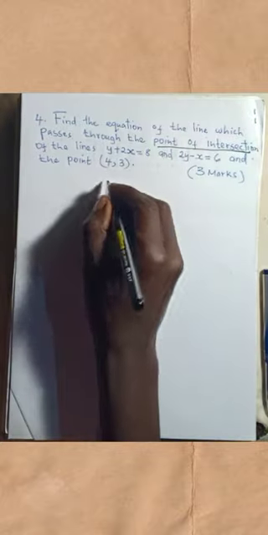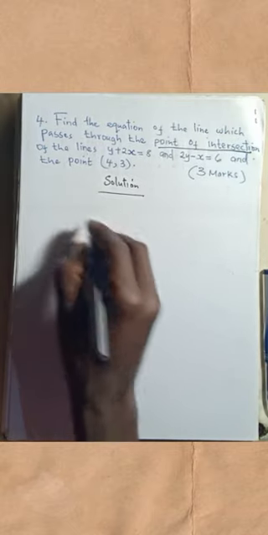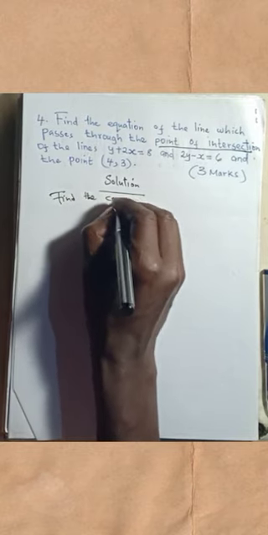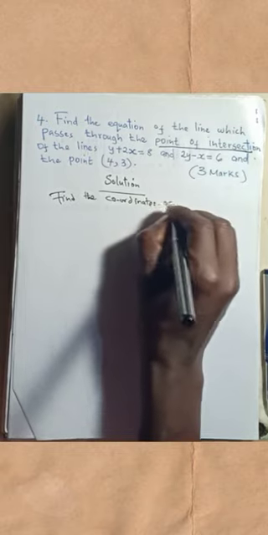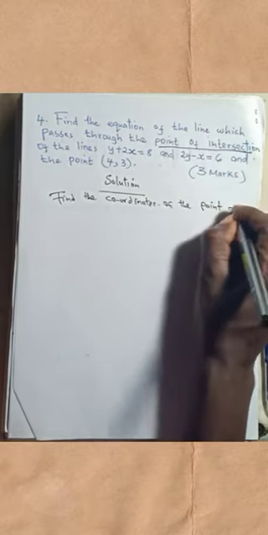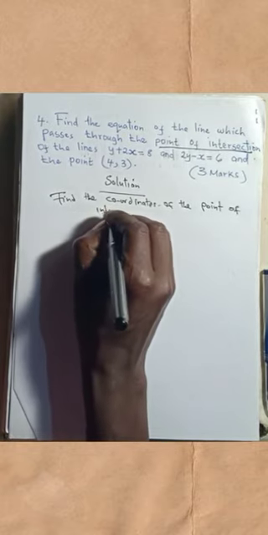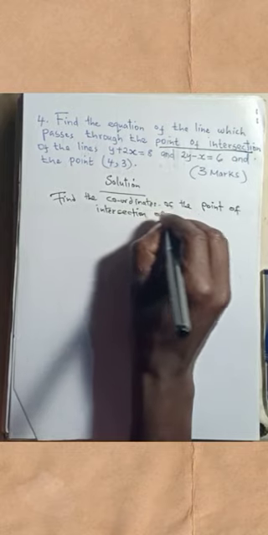So the idea here is we find the coordinates of the point of intersection of the two lines.